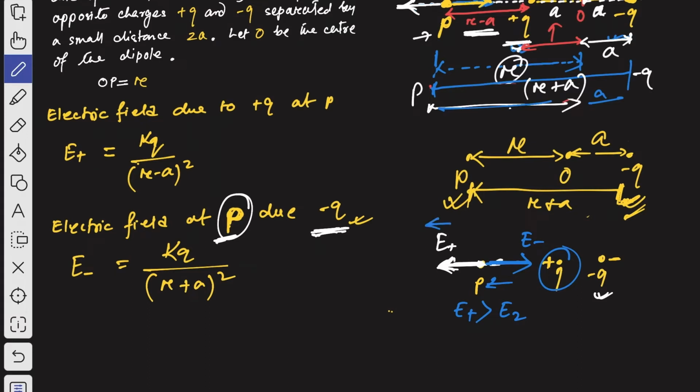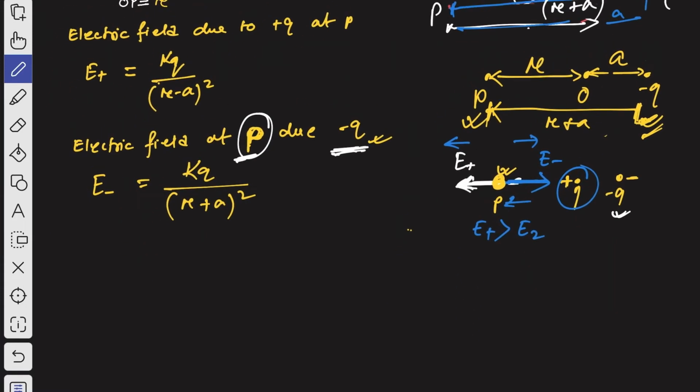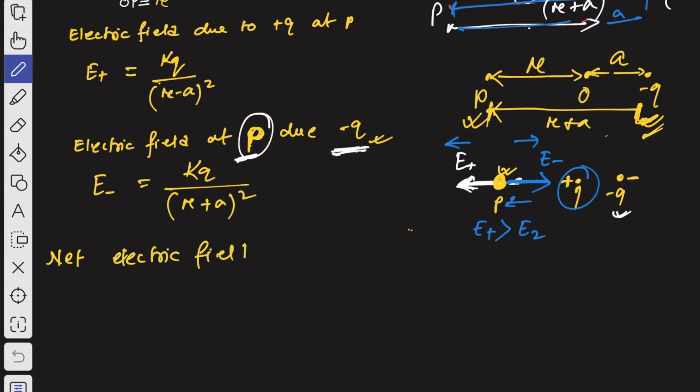And you see these two fields, E positive and E negative, are in opposite direction. Therefore the net electric field at this point P will be given by E is equal to E positive minus E negative.